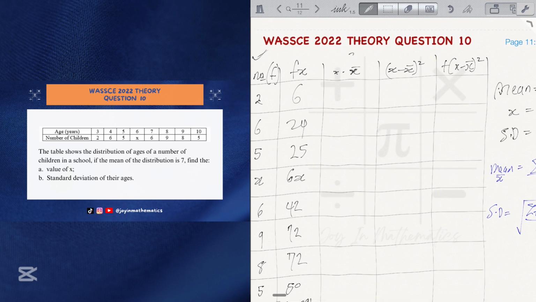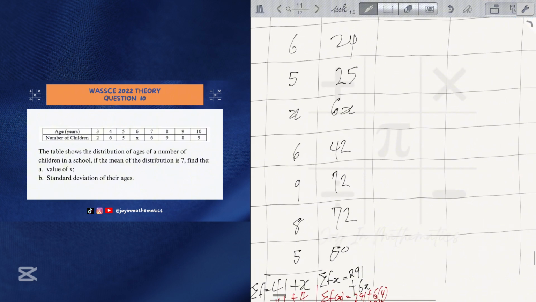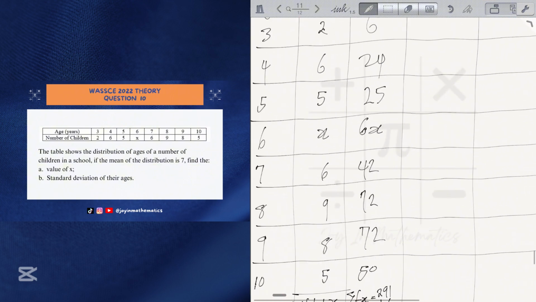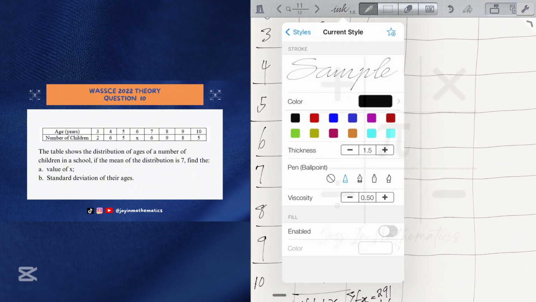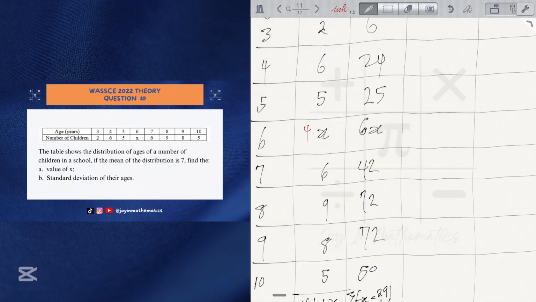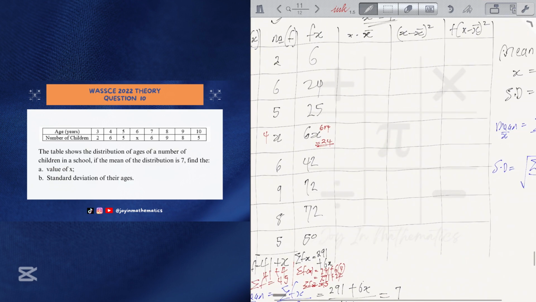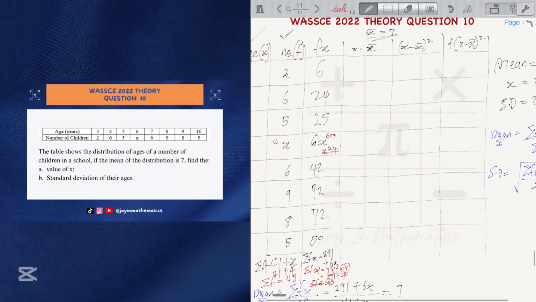And we know that x bar, which is the mean, is equal to 7. Please, x bar is not equal to x. x bar is equal to 7. And we found the value of x now. Let's make the conclusion here that x is equal to 4, and this will be 6 multiplied by 4, which is equal to 24. So now let's implement this into what we have.